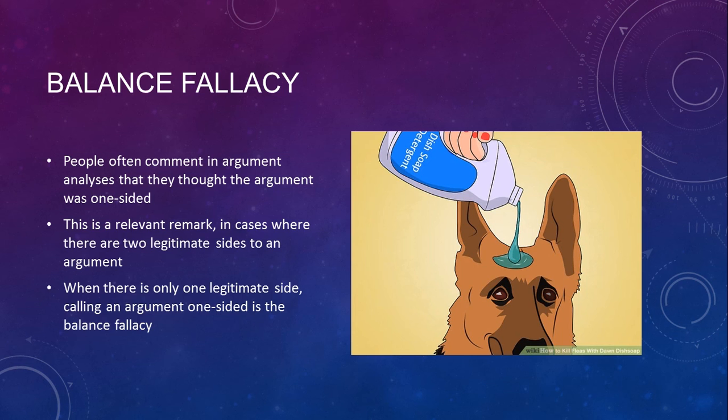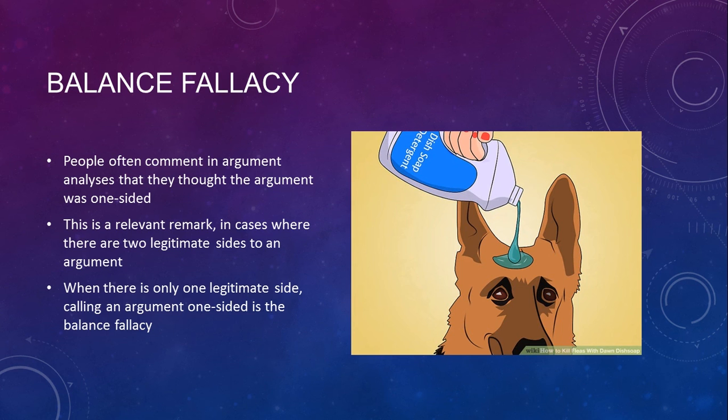But notice how hard it's going to be to convince somebody who thinks that there are two sides to an argument when there's only one. If you're talking to the 6-year-old pouring dish soap on the dog, they think that there's another side of the argument, right?